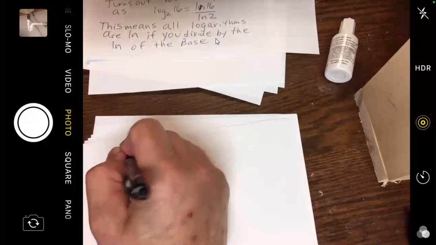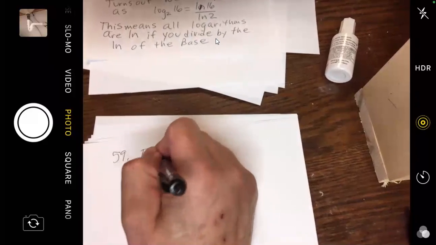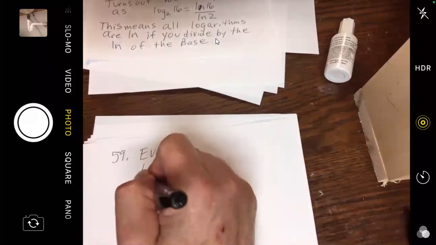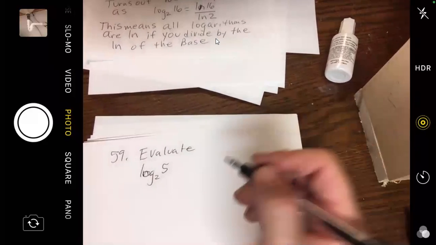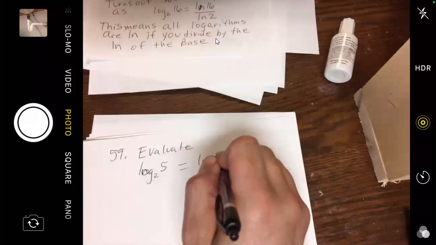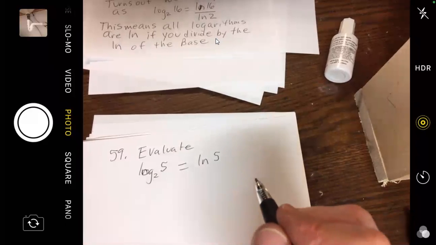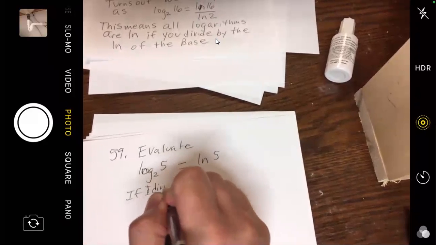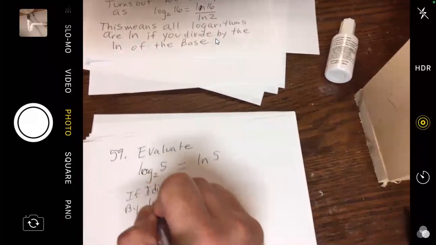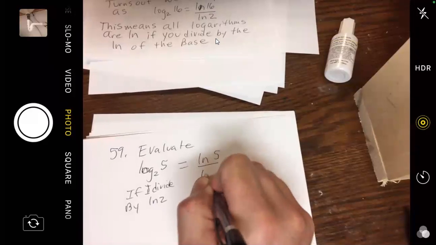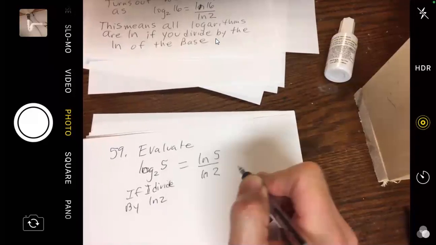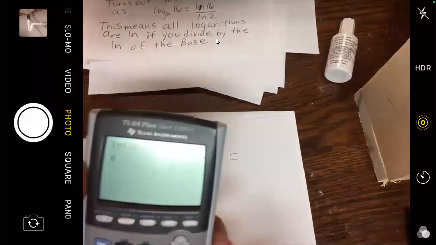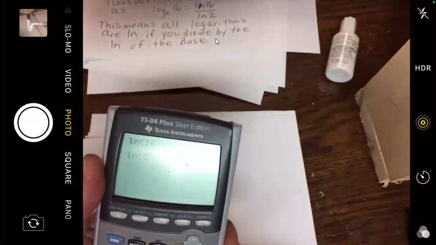problem 59, evaluate log base 2 of 5. Well, I can use ln of 5 if I divide by ln of 2. ln of 5 divided by ln of 2.